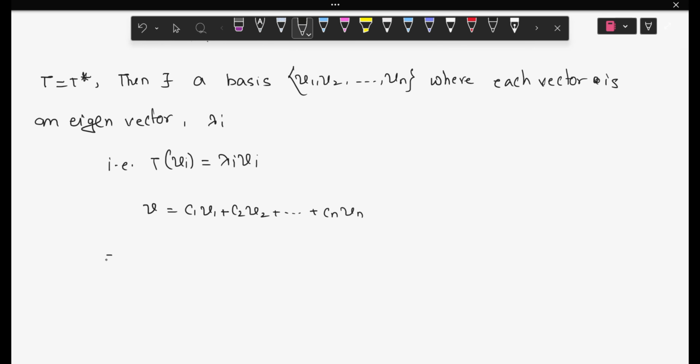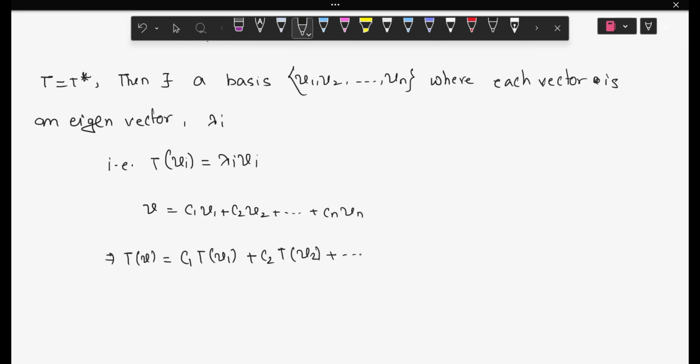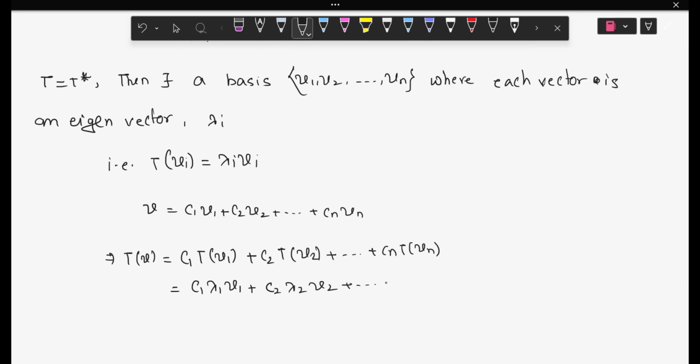Now, note that T of v is equal to c1 T of v1 plus c2 T of v2 up to cn T of vn. Now, as T of v1 is lambda 1 v1, I can write c1 lambda 1 v1 plus c2 lambda 2 v2 plus dot dot dot cn lambda n vn.